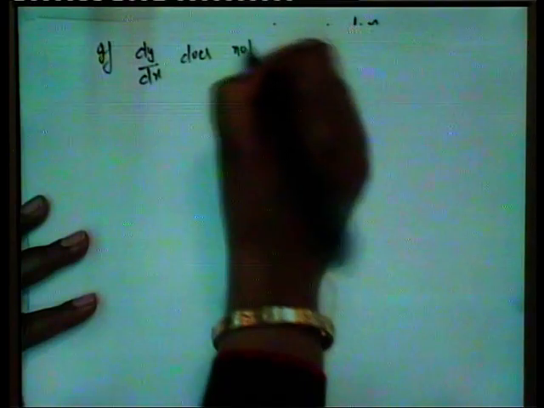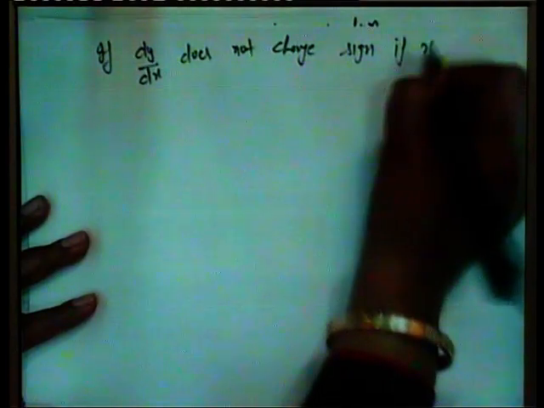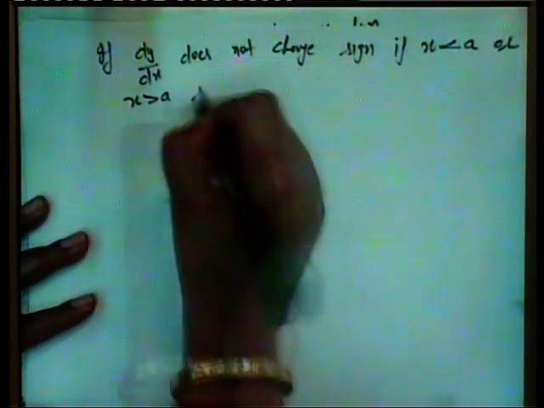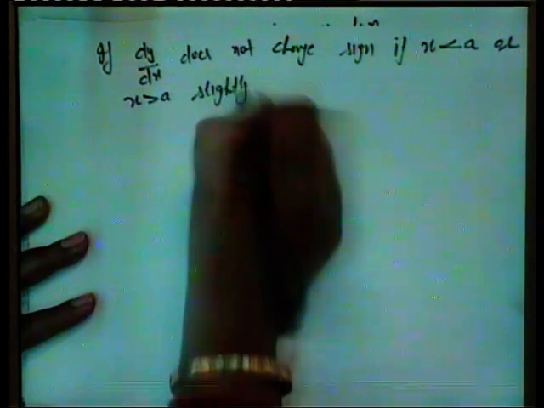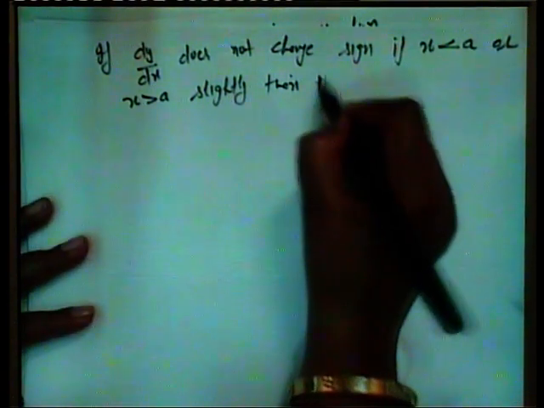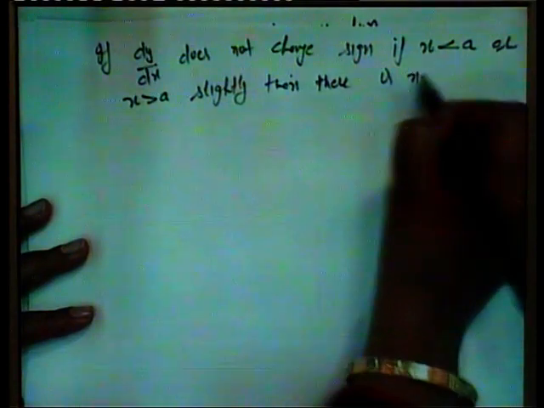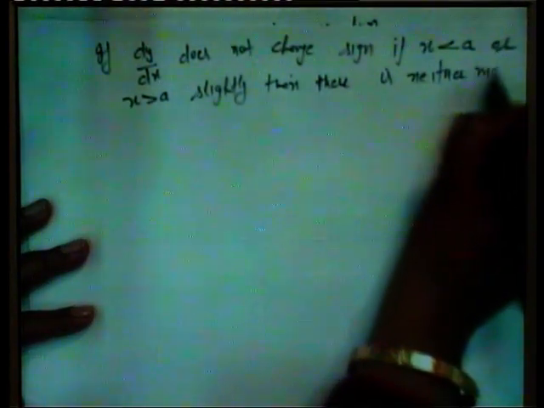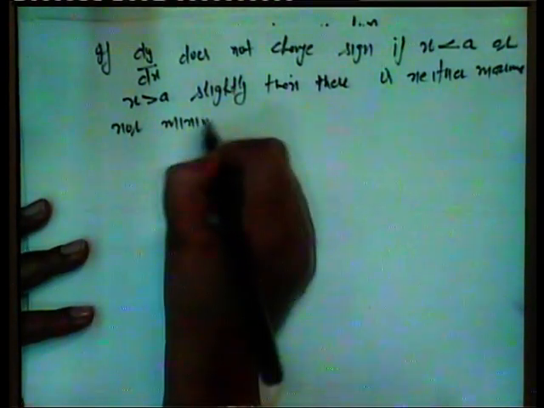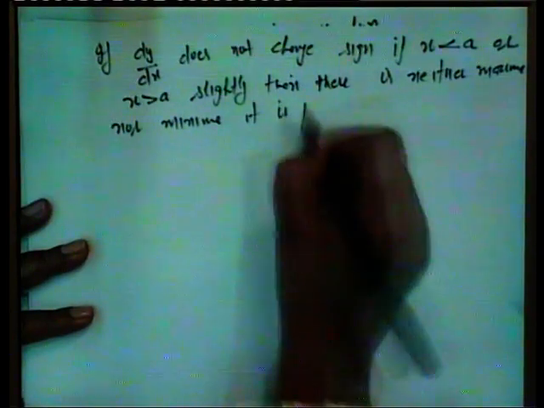If dy by dx does not change sign, if x is slightly less than a or x is slightly greater than a, then there is neither maxima nor minima. It is a point of inflection.